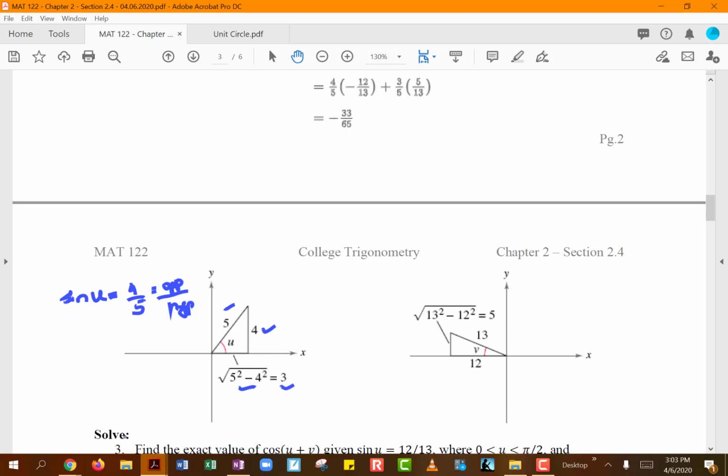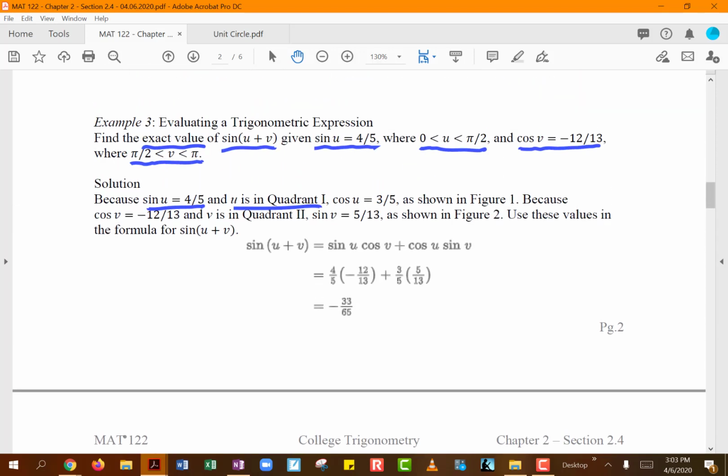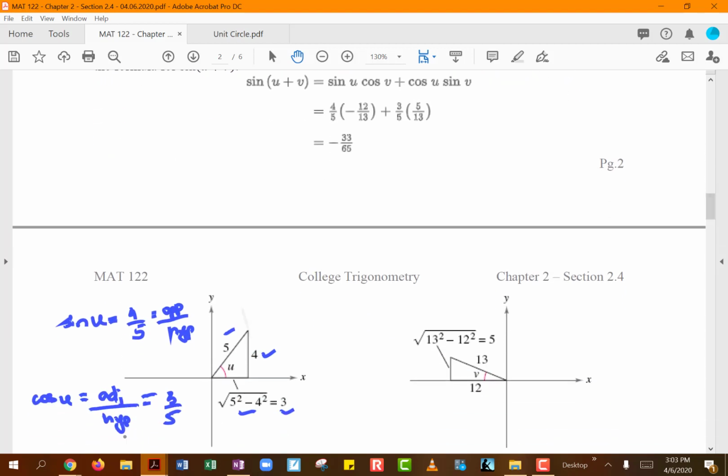So if you're talking about cosine of the u function, which is adjacent over hypotenuse, that will come out to be 3/5, right? So that's where they're getting this cosine of u is 3/5. And then using that same idea, we can take cosine of v equals negative 12 over 13.